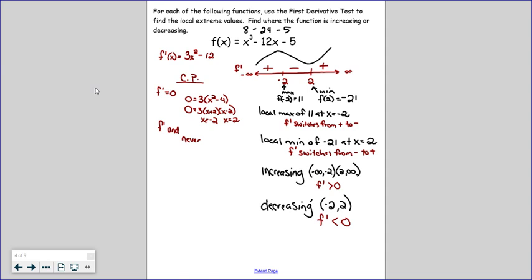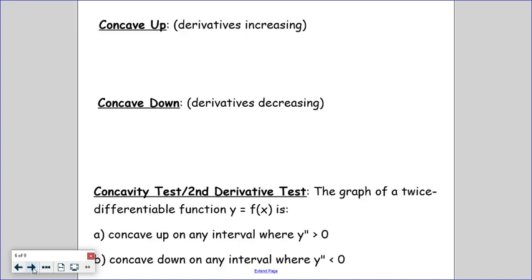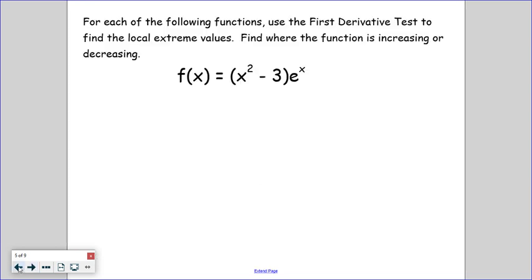We have a shortened period today, so we may come back to this one if we have time, but I want to make sure that we get to the second half of what we're talking about today, which is our second derivative test, before we move on to this. Can we just talk real quick? It's the same thing we just did. Your derivative is a little uglier because we've got a product here.